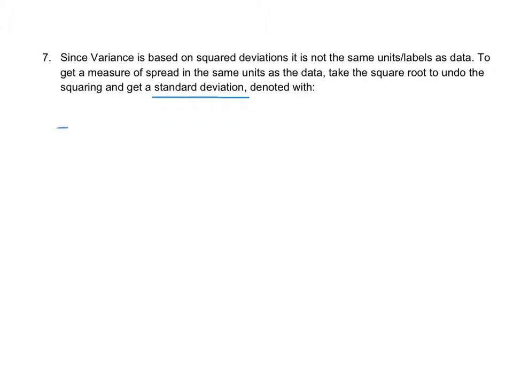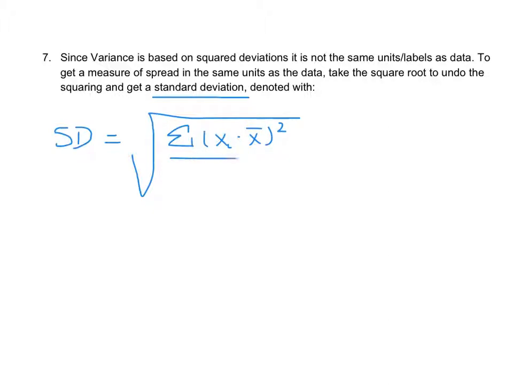All right, so standard deviation, I'm going to abbreviate that with SD, is when we take the square root of the sum of the squared deviations over n minus 1.